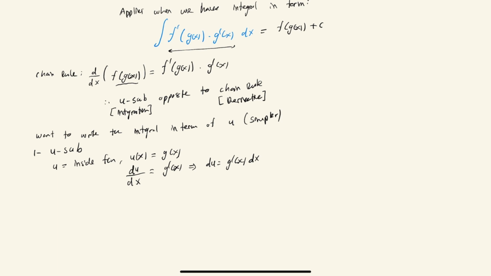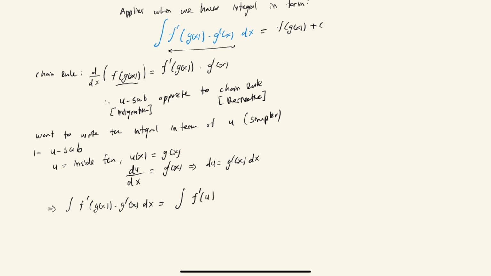Notice in here that g prime of x dx is the one on the top. Now we are ready to do the substitution. So the integral on the top is going to be equal to the integral of f prime, and remember g of x is now going to be equal to u.